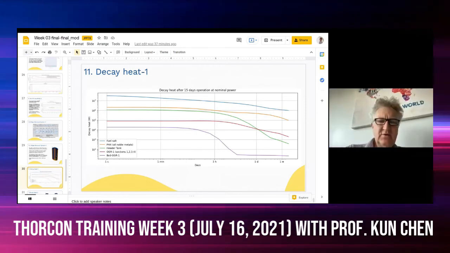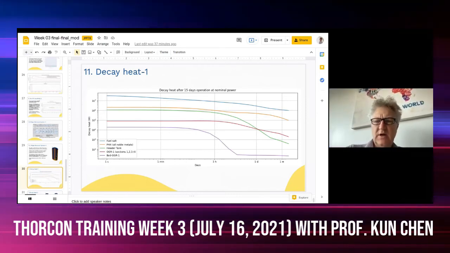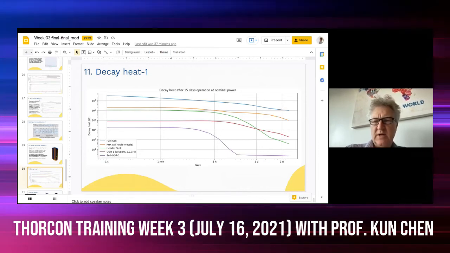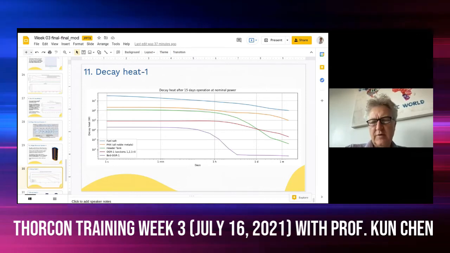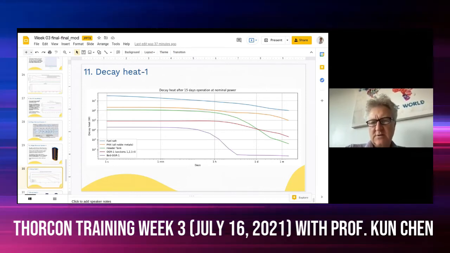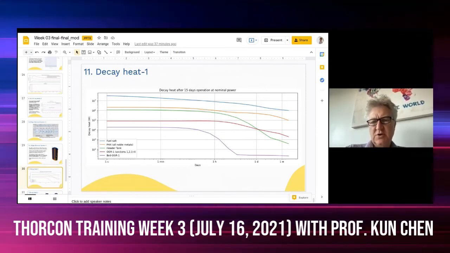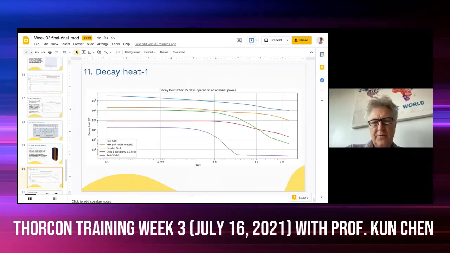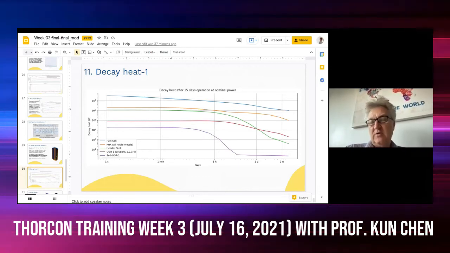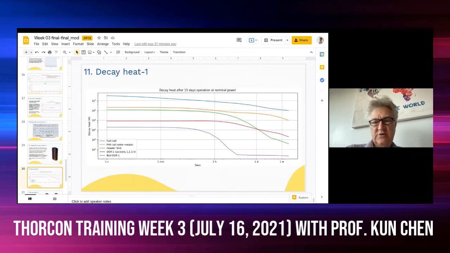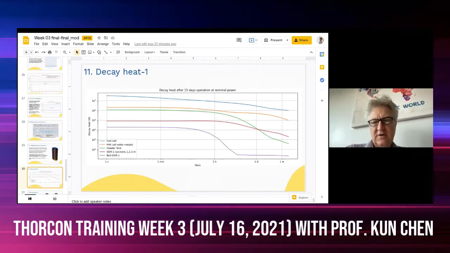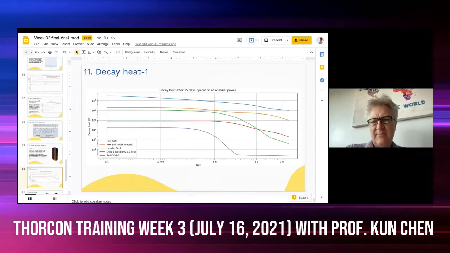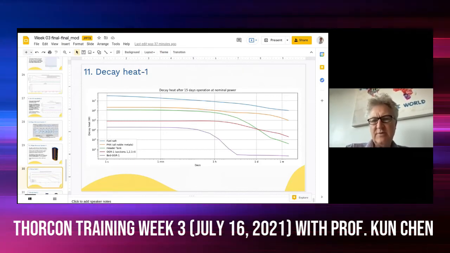Okay, so load following is done by a combination of controlling the pump speeds and in particular controlling the bypass of the heat exchangers. The core itself will naturally load follow. If you take less power out, the temperature will rise, the reactivity will drop, and it'll settle back down to produce the power that you're pulling out.